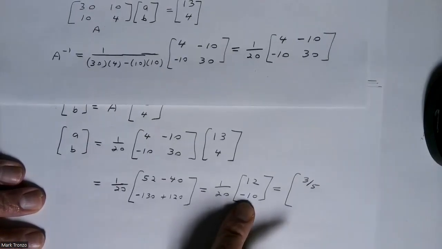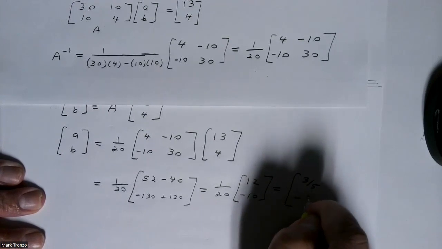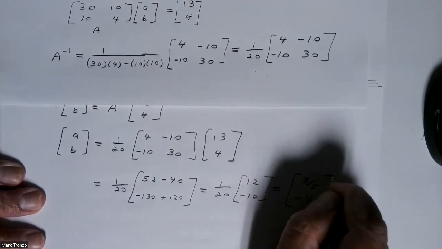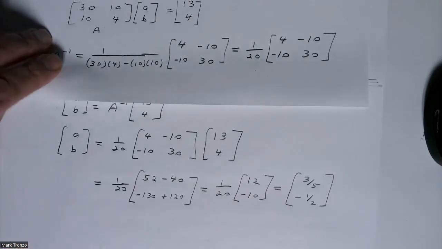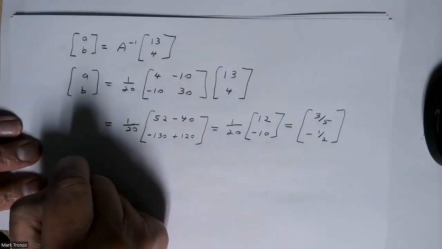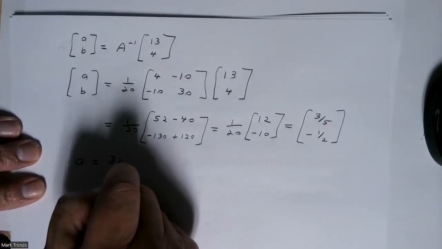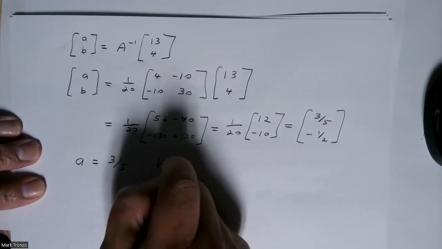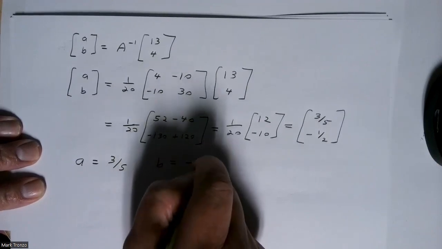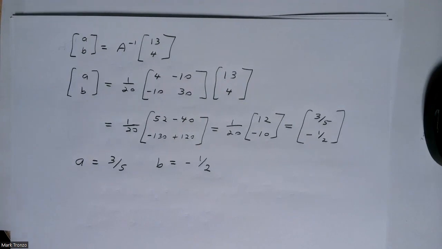And then this is minus, so it's going to be minus a half. So we're going to have A equal 3/5, B equal minus a half.